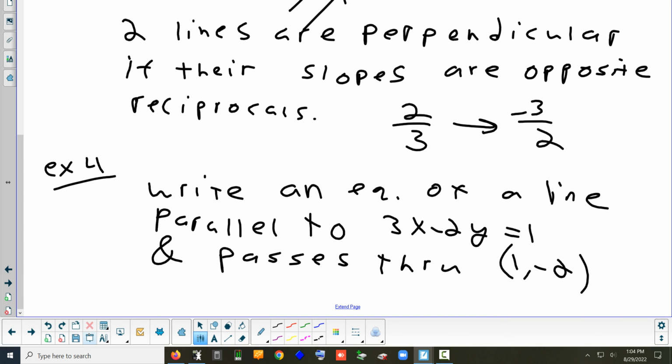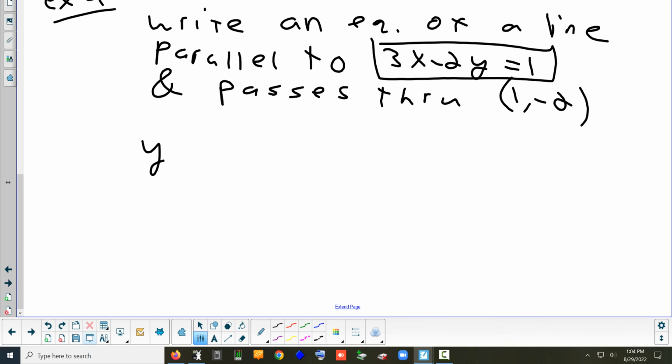So the first thing we have to do, if they ask you to find an equation of a line parallel to something or perpendicular, you have to know the slope. In this equation, did they give me the slope directly? No. But I can find it by rearranging it into slope-intercept form.